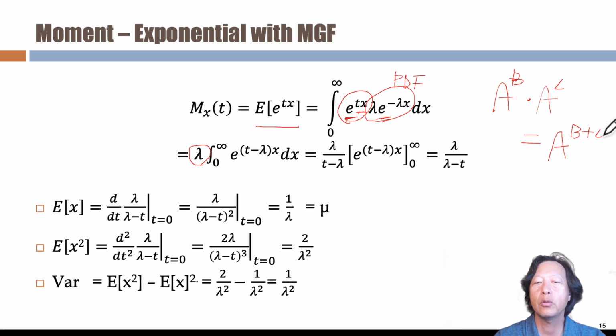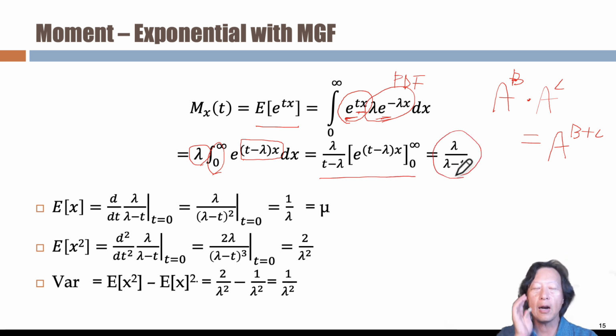So using this one, we can just add tx plus minus lambda x, and you can see the power becomes t minus lambda x. And then since this is the integral, you can just do the integral, and then you get this one.